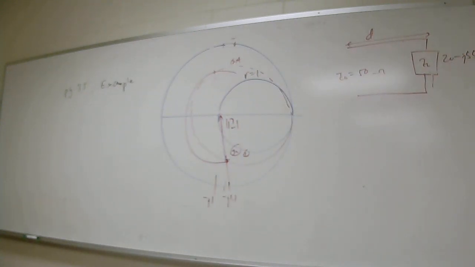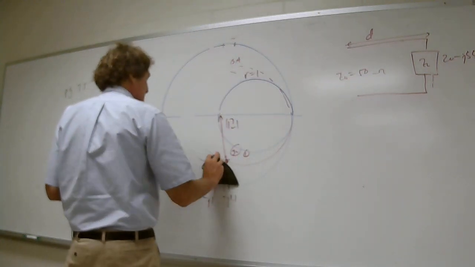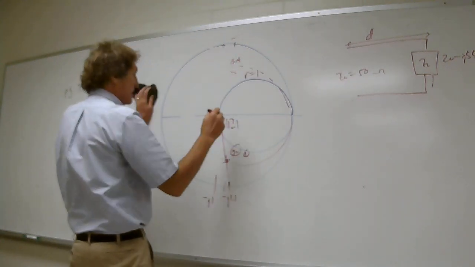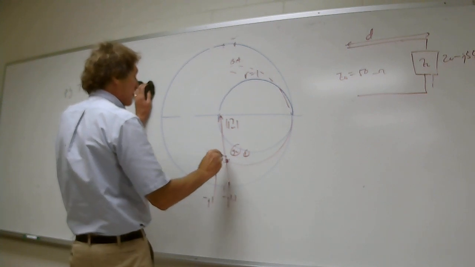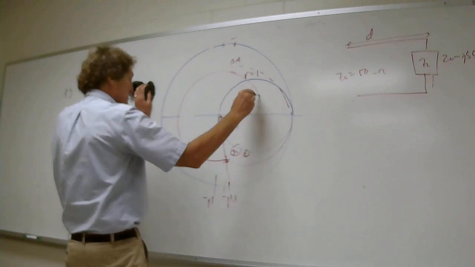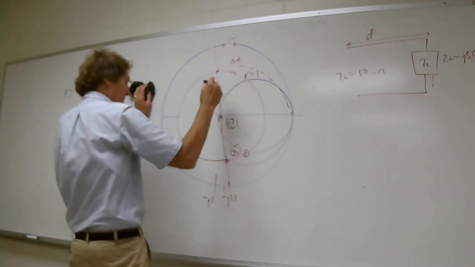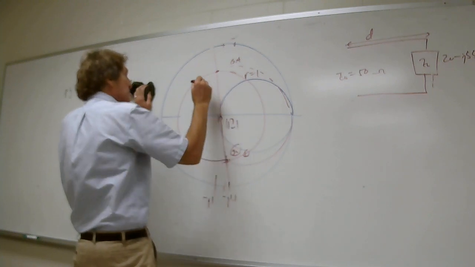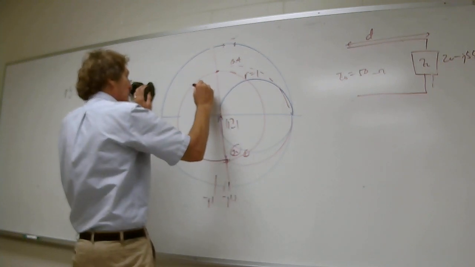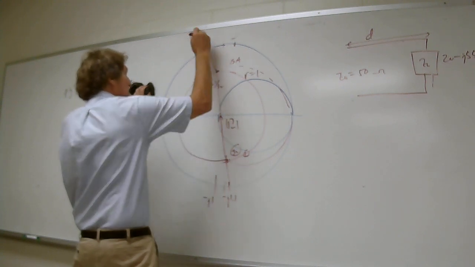Let me do this right. From here, you need to draw a circle that is of that radius, about like this. And you're going to come to this point. If that's point 1, this is point 2, and it's YL, and it's simply 1 over ZL. What is the value of that?